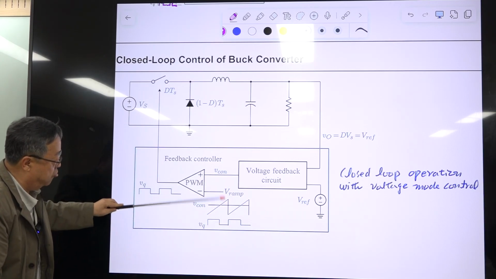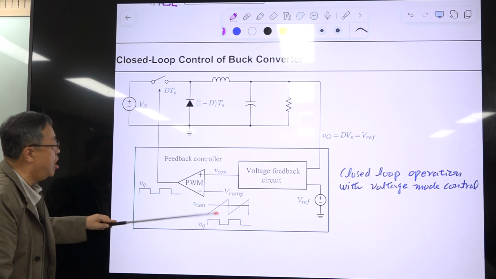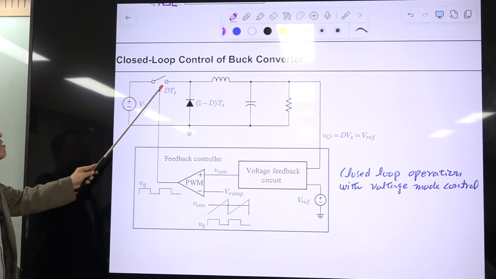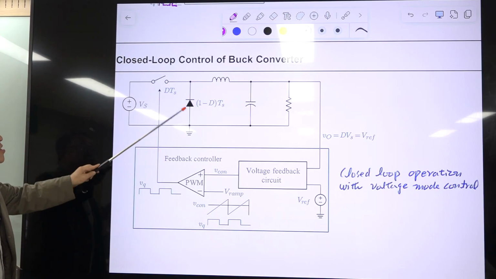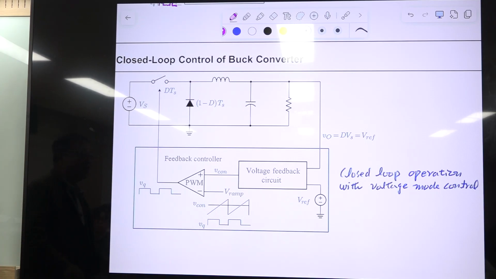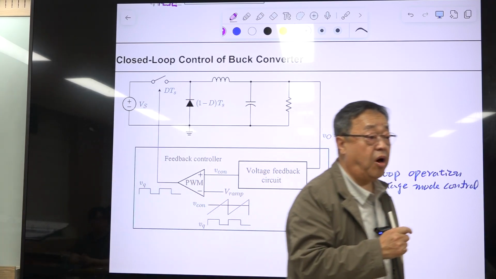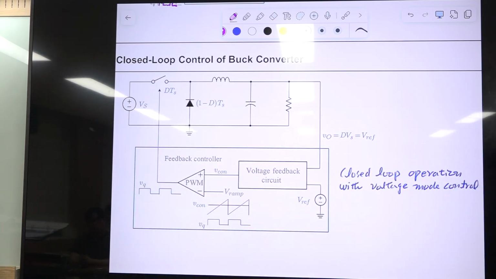Then this is compared with this ramp signal, and this is the result of the PWM, and that signal is controlling this switch, and this diode is controlled by this switch, indirectly. All right. So this is called closed loop operation, and we are using only one feedback from the output voltage to regulate the output voltage.